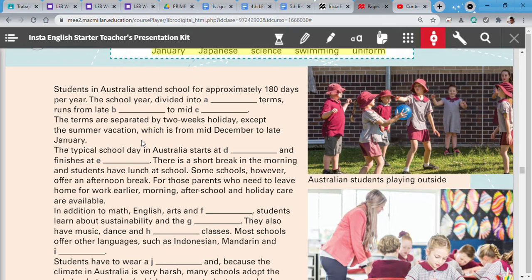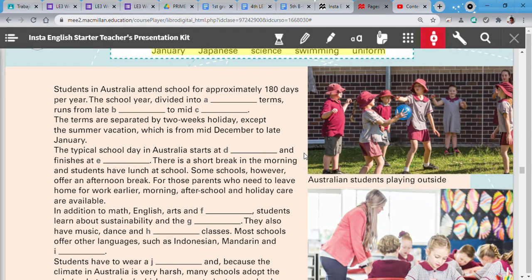I'm going to read the article so that maybe you can listen to me. Students in Australia attend school for approximately 180 days per year. The school year, divided into 4 terms, runs from late January to mid-December. The terms are separated by 2 weeks holiday, except the summer vacation, which is from mid-December to late January.